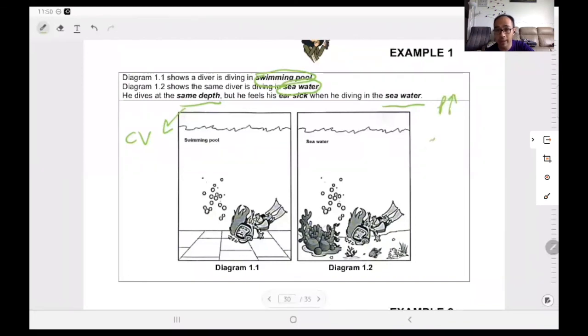Because the density is higher. So this is an example of density versus pressure. The MV is density, the RV is pressure, which is operationally defined as the difference in height in millimeter.